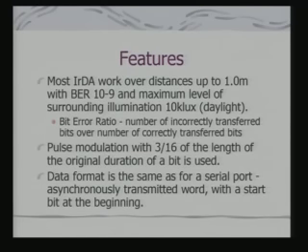What are the features of IRDA? Most IRDA work over distances up to 1 meter, and not very long distance, with BER, that is called bit error ratio, between 10 to the power minus 9, and maximum level of surrounding illumination of 10 kilolux, because the surrounding illumination will have an effect in the detection of the signal.